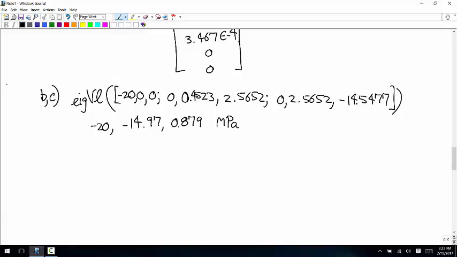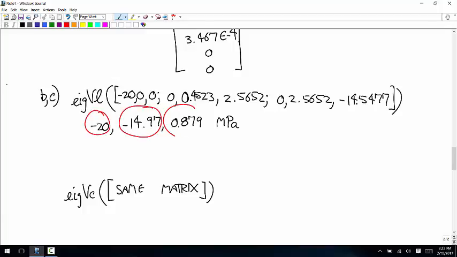And then run some version of this program, eigenvector, on that same matrix. And it gives you vectors corresponding to these three values. The one corresponding to the negative 20, what's that vector?